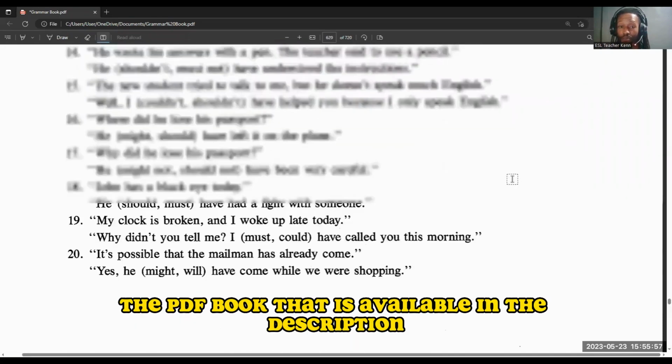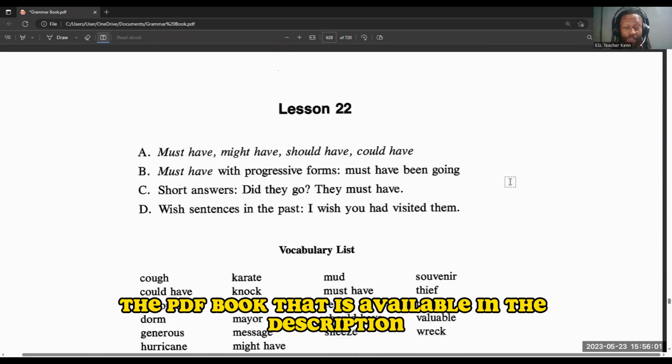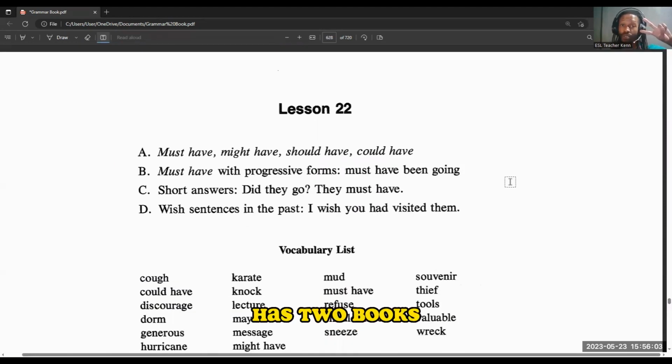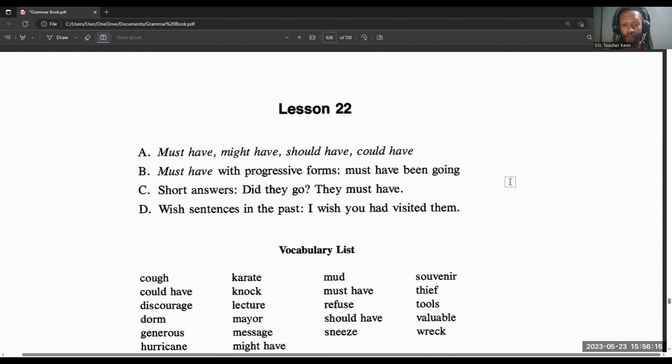The PDF book that is available in the description has 2 books. The first part of the book is the conversational practice book. There we review structures and we practice it in conversation.